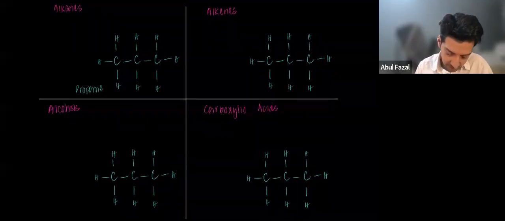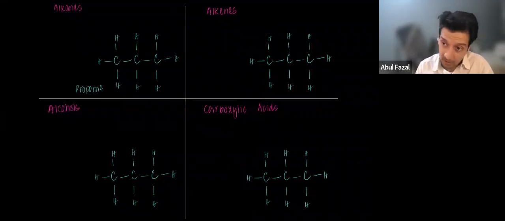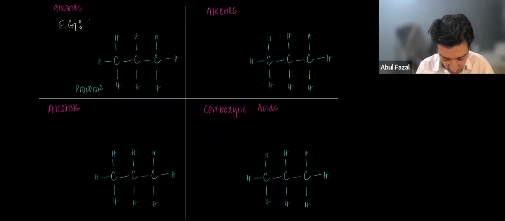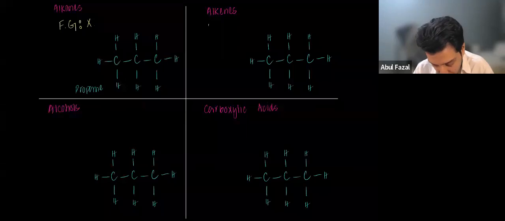Now what is different in these? It's called a functional group. Alkenes do not have a functional group, so there's no point writing it here. What functional group do alkenes have? It is a carbon-carbon double bond.